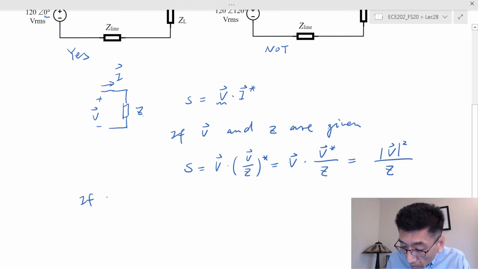And if you know I and Z, then we can find S as follows.